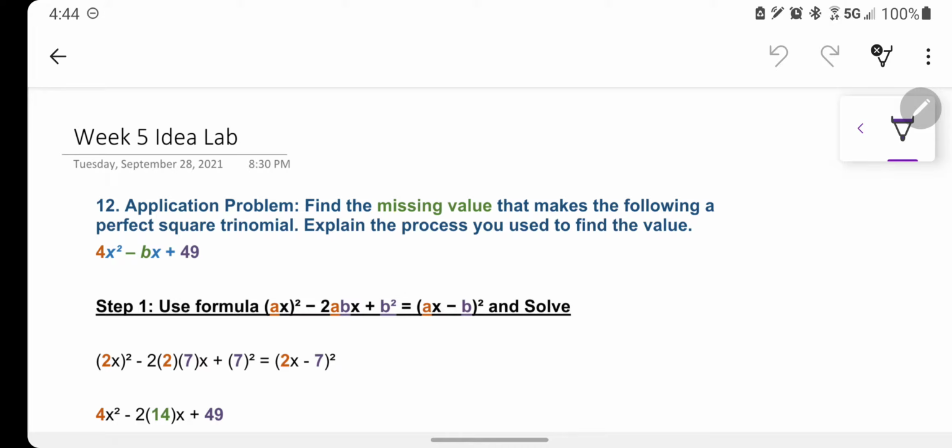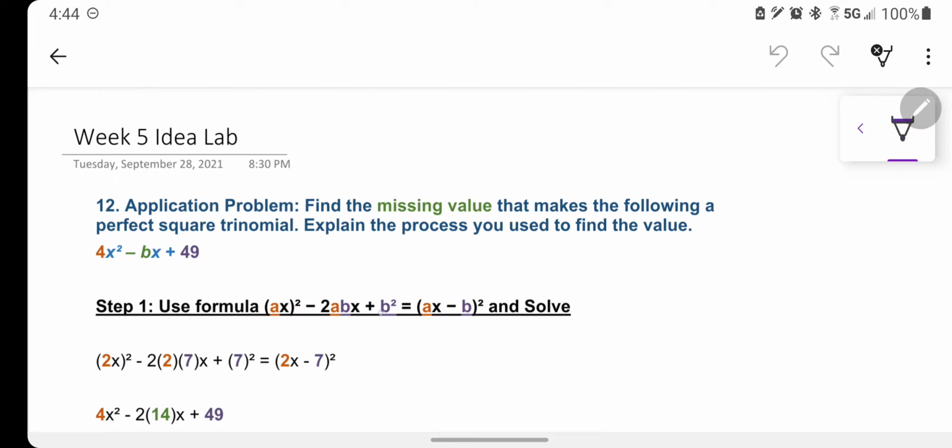So to start, step 1 is to use the formula ax squared minus 2abx plus b squared equals (ax minus b) squared, and solve. You may be a little bit confused because we have a purple b here and then a green b right over here.